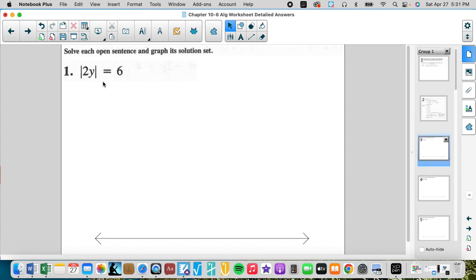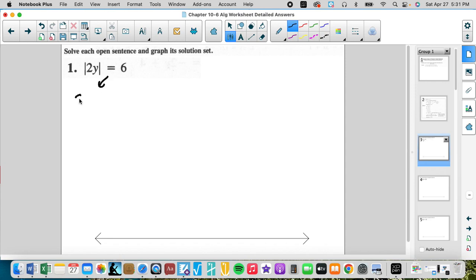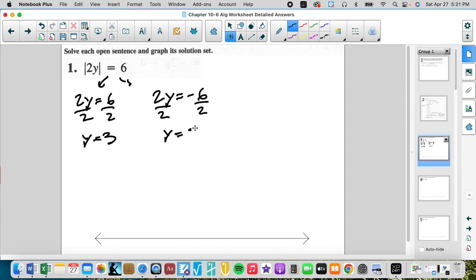So we write two equations: 2y is equal to 6, and 2y can be equal to -6, because if that value inside is -6, it will pop out a positive. We write two equations and then solve. Y equals 3 and y equals -3. So those are my two solutions, -3 and 3.